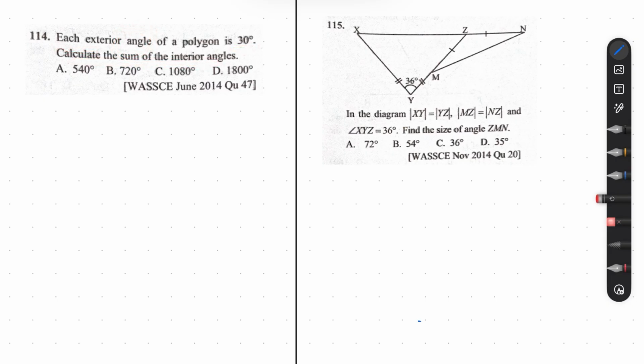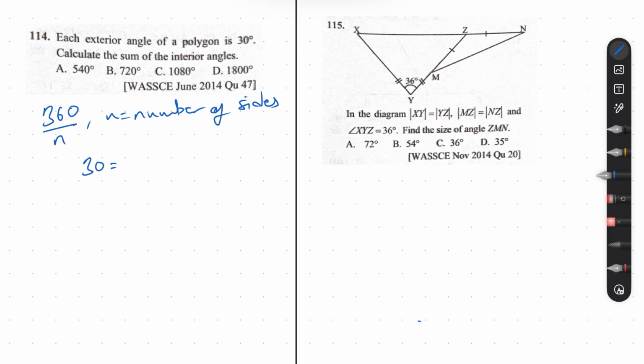Okay, we know that exterior angle is 360 over n, right? Where n is the number of sides. So we've been given that 30 is the exterior angle.